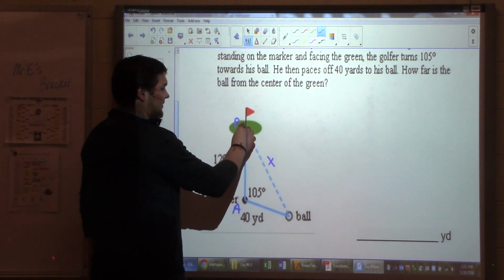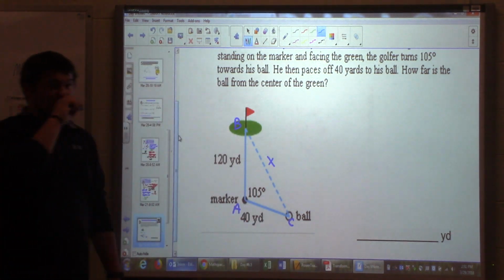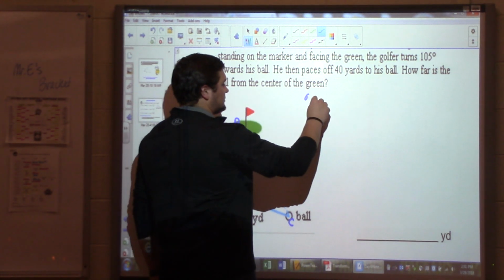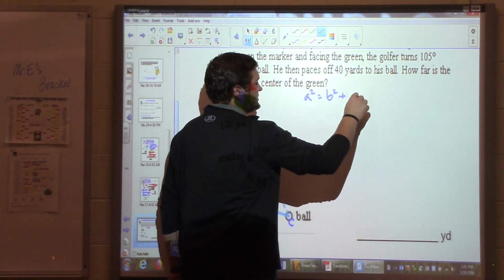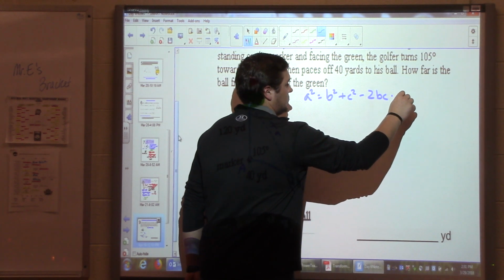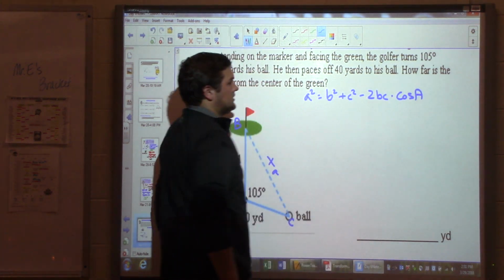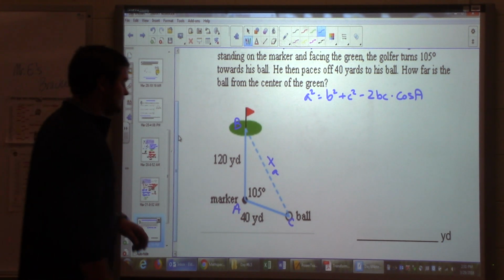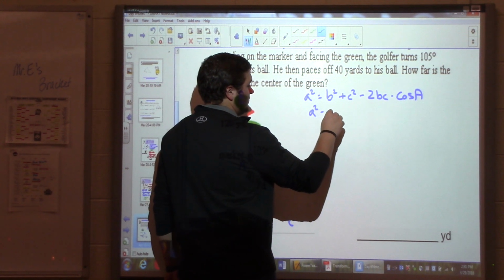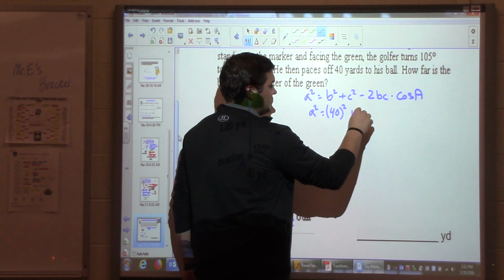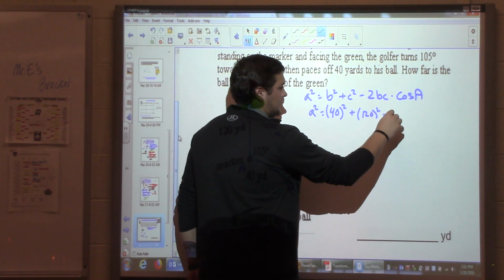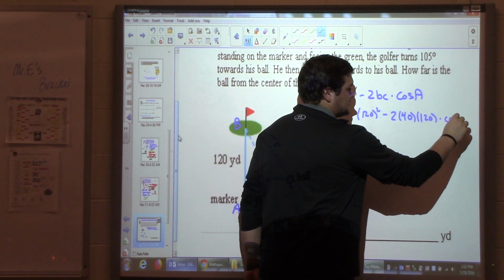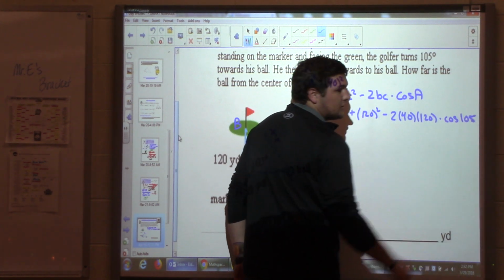So I'm going to label them A, B, and C. I'm going to solve for side A. So remember, A squared equals B squared plus C squared minus 2BC times cosine of angle A. So plug in what we know. We know angle A, we know side B, we know side C. So A squared equals 40 squared plus 120 squared minus 2 times 40 times 120 times cosine of 105 degrees.